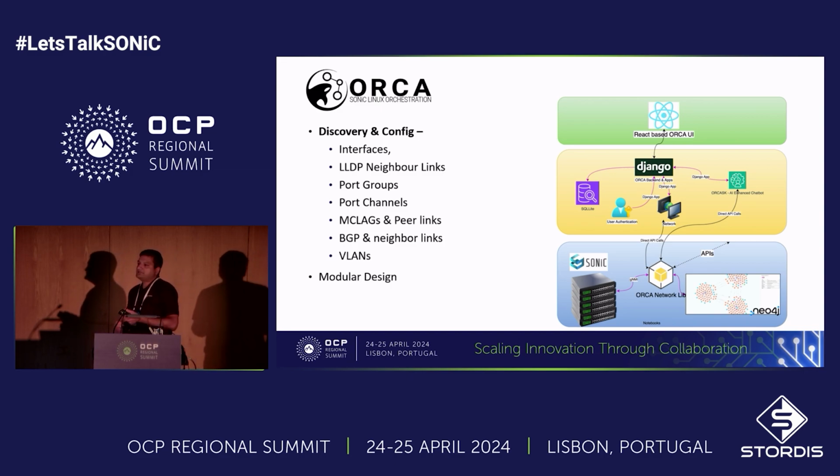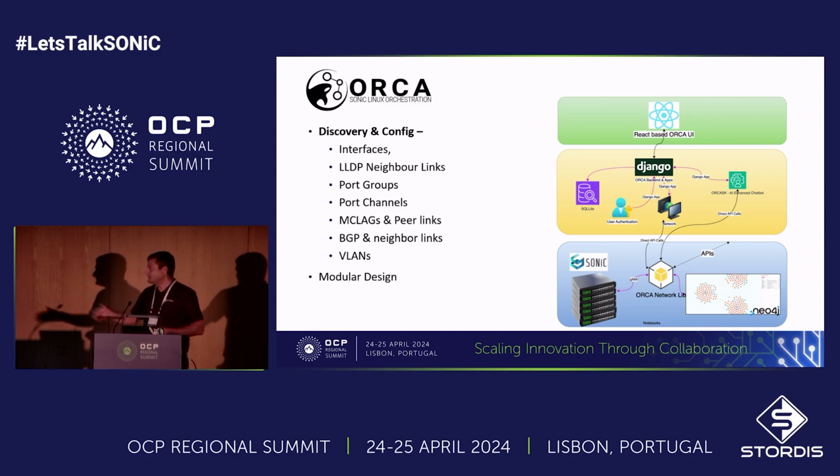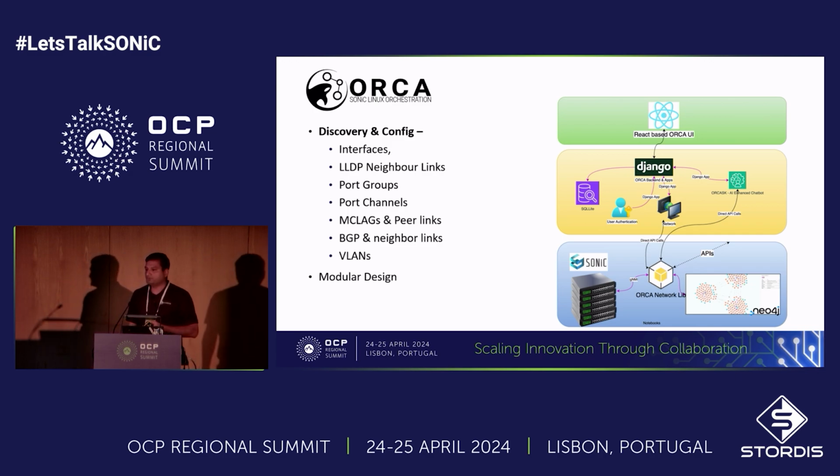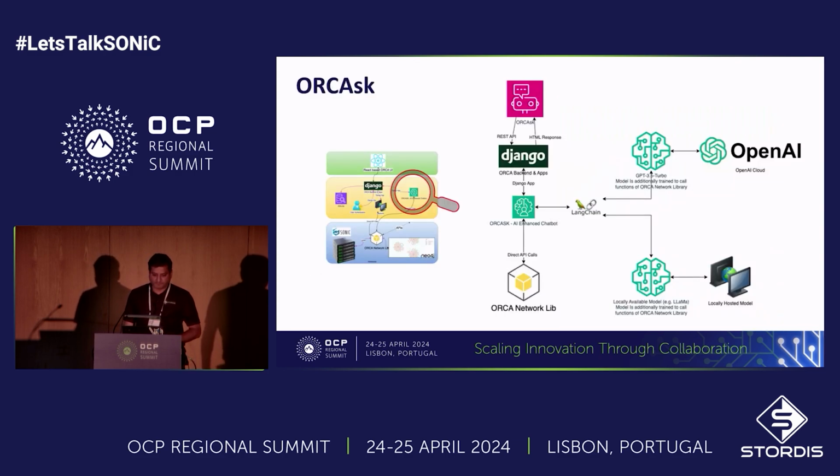You never need to use the full stack at the end. If you already have a Python application running, you just use the very bottom layer, that is the blue one, ORCA Network Library, pip install, and boom, you are good to go. Just start using the APIs in your application. On the other end, you can choose Django if you want to really consume the REST endpoints.